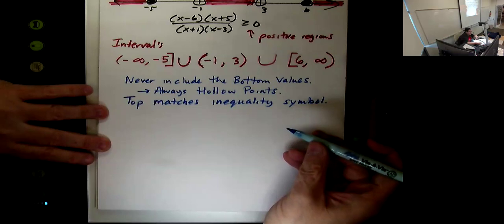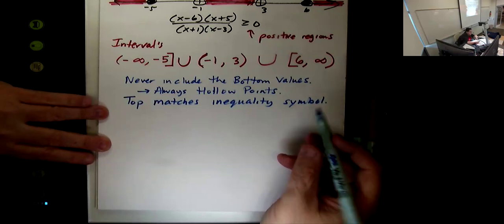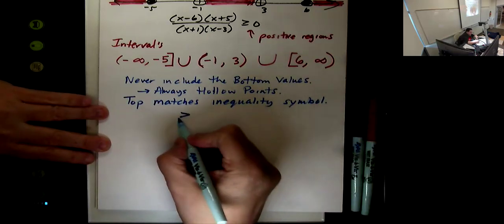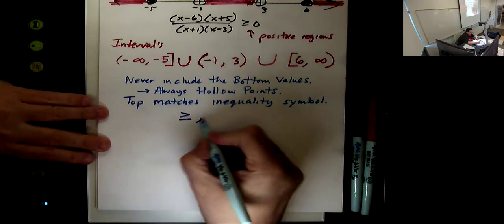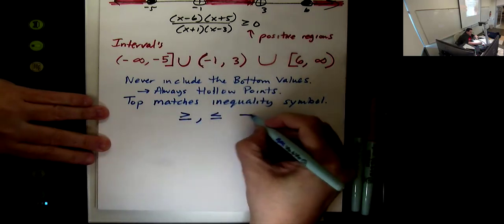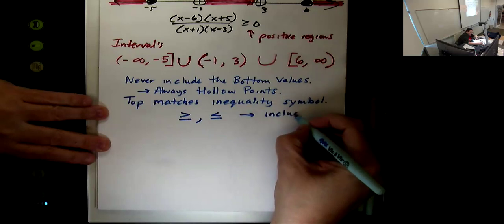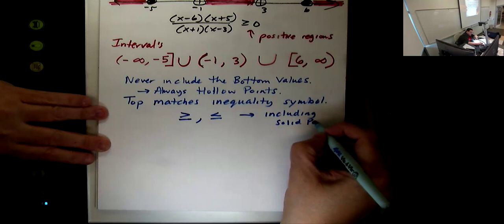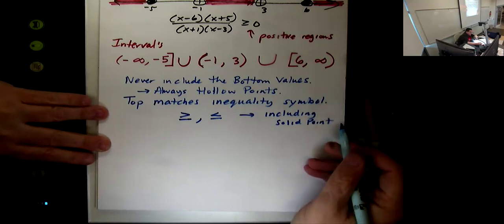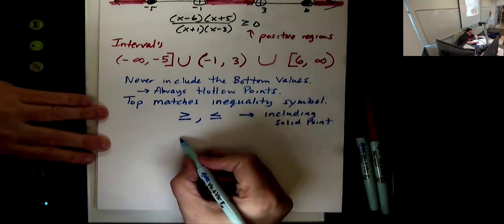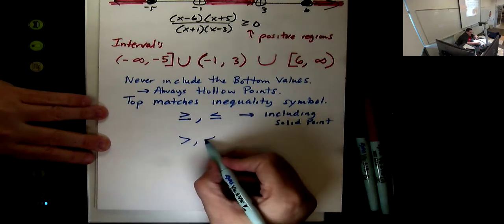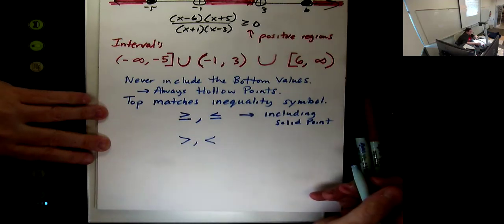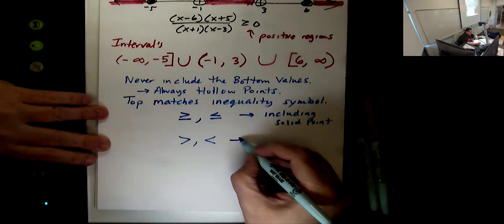When we did regular inequalities, when we weren't doing any of these rational ones, we saw greater than or equal to, less than or equal to, led to including it, which was a solid point. If we didn't have the equality portion, just strictly greater or strictly less than, don't include.